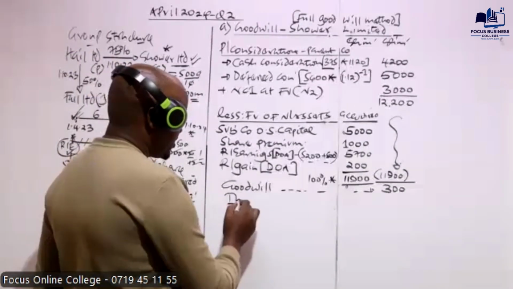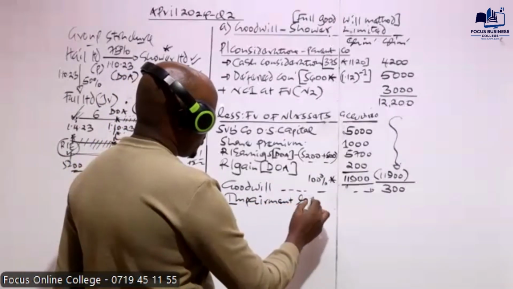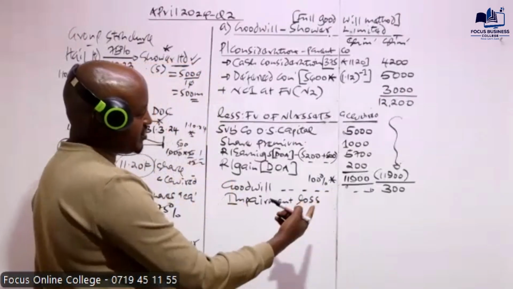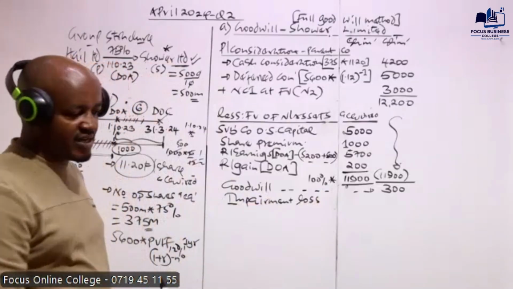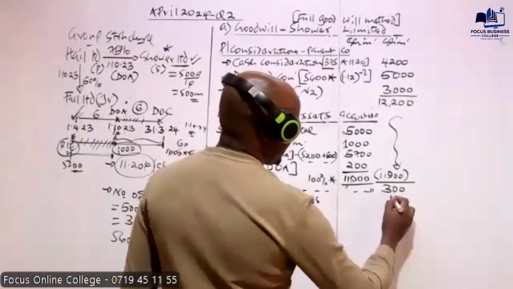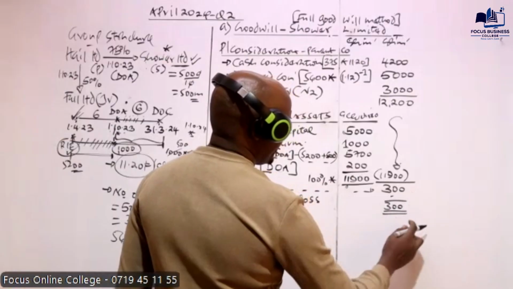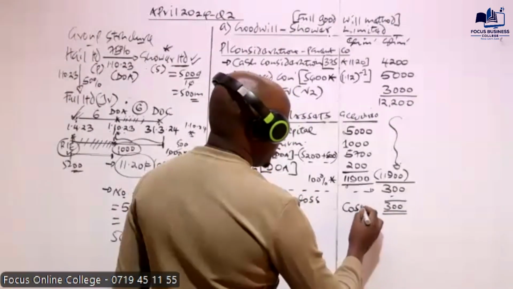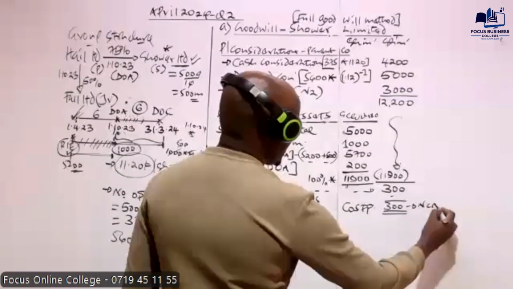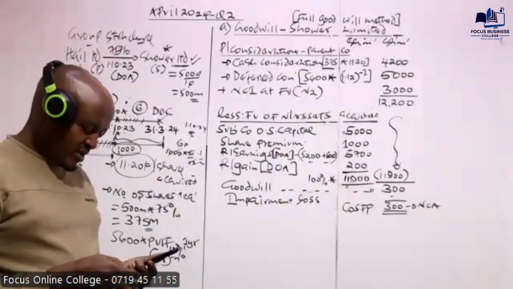But in case the goodwill had suffered any impairment, we erase it from this. So you can be told the goodwill had suffered an impairment loss equivalent to 10%. So you should take 10% of this and erase it from the value of the goodwill. So when preparing our consolidated statement, although we are not required to prepare that, you recognize this as a non-current asset in the consolidated statement of financial position.